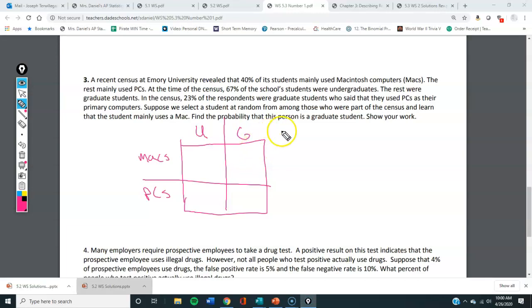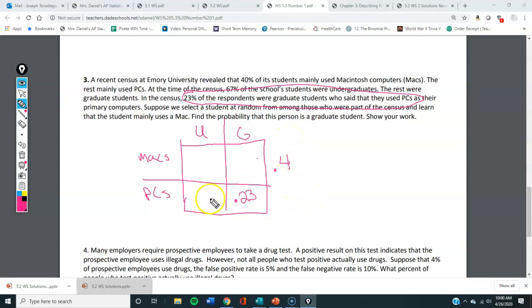Now the first thing I would do when I fill out one of these tables is find one of the overlaps. This is an overlap, a grad PC user. So that goes in just one box, 0.23. Now, 40% use Macs total, so these have to add up to 0.4.